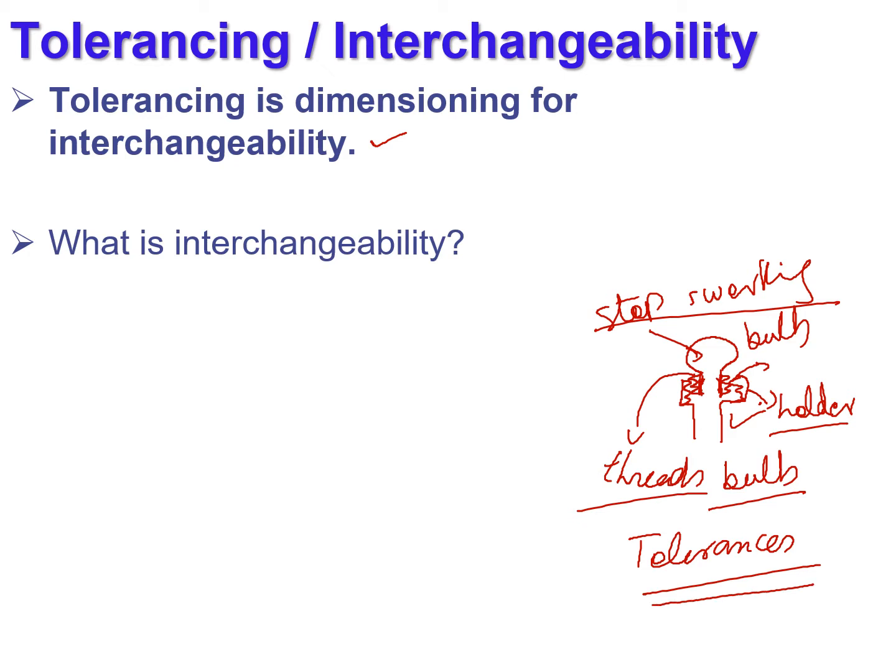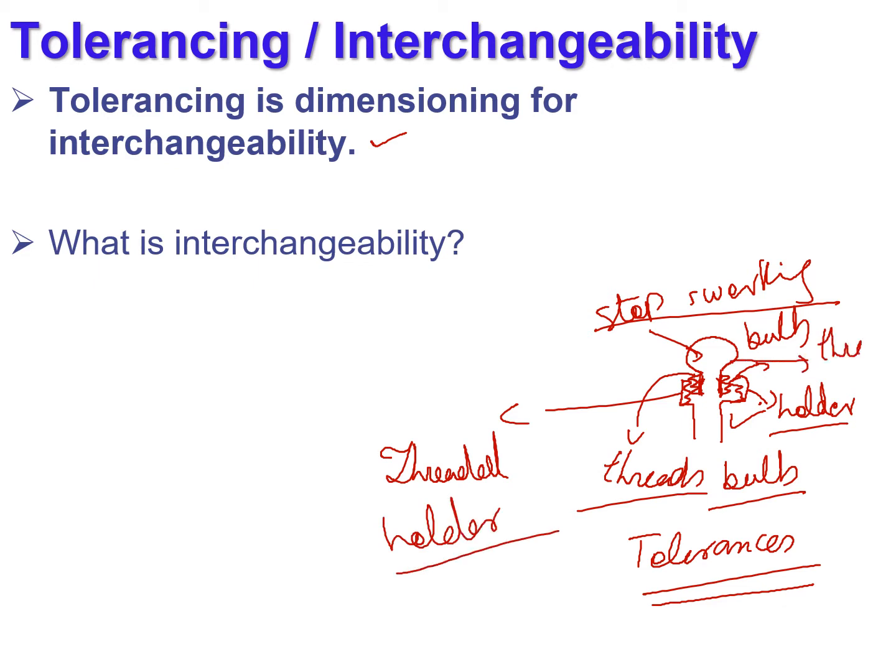So you will be the least concerned about the type of threads and how they will fit, because you already know that you have a threaded holder, and we will use a threaded bulb to fit in this holder.